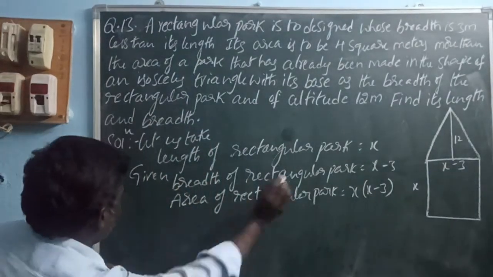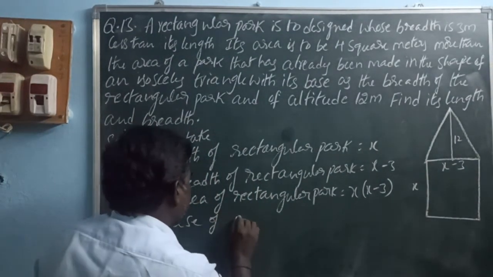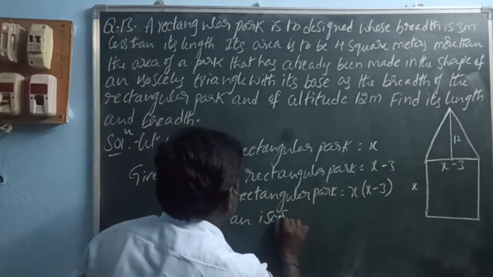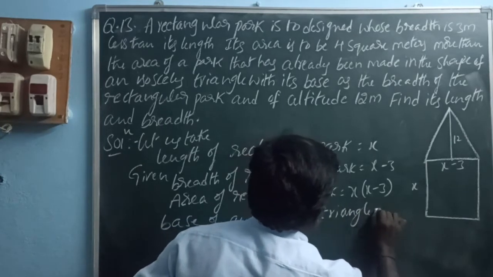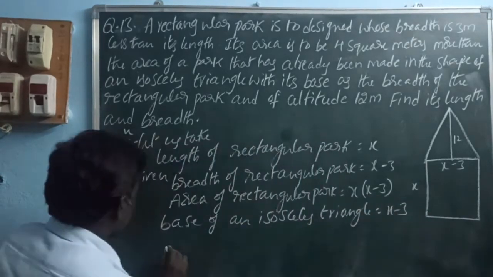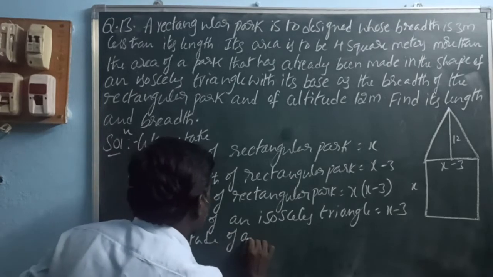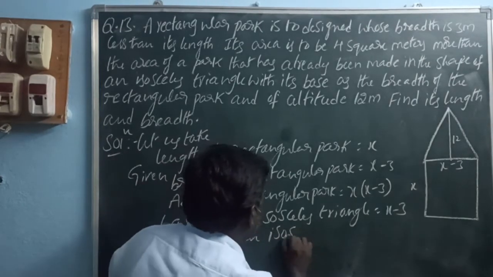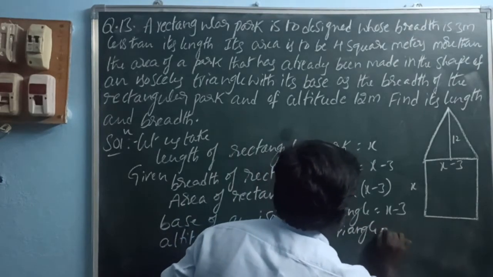So the base of the isosceles triangle is x minus 3. The altitude of the isosceles triangle is given as 12 meters.